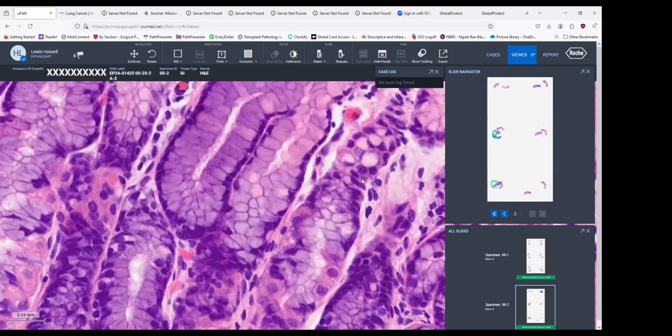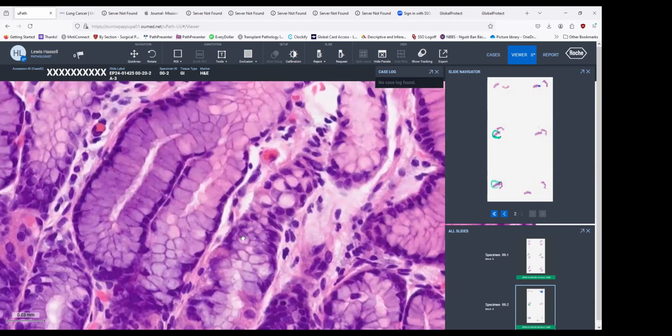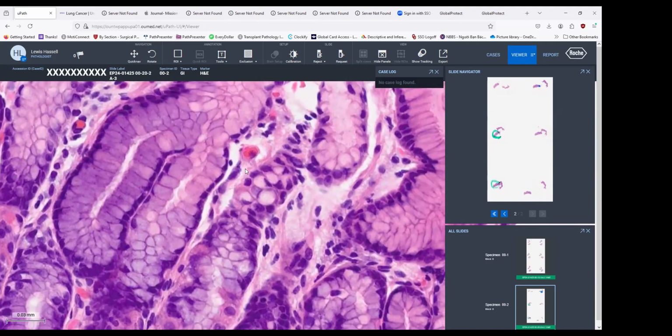Now, there's one little finding here that begins to make me a little suspect as well, and that is these gobletoid mucin cells here within the mucosa.